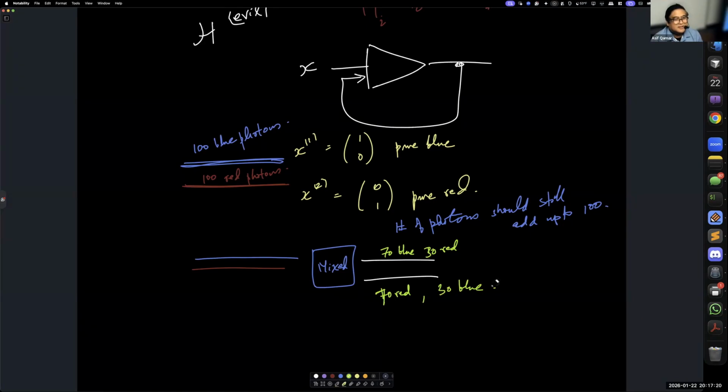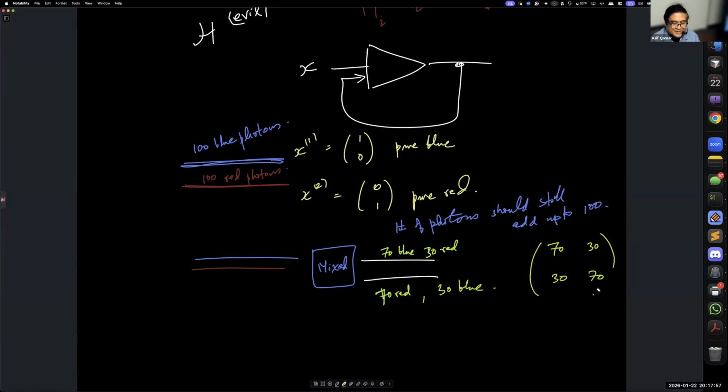Does that make sense? Now observe what is happening. The rows add up to 100. If I write it as 70, 30, then red is 30, 70. I apologize, 30, 70.